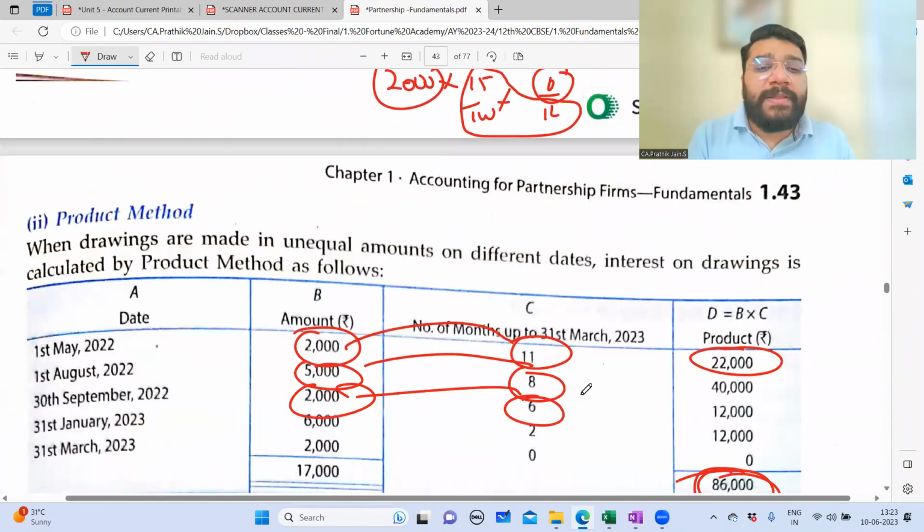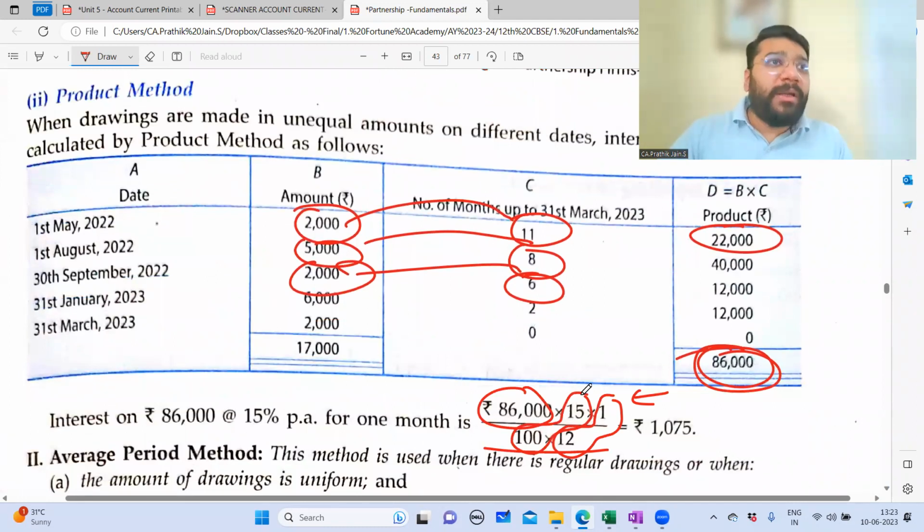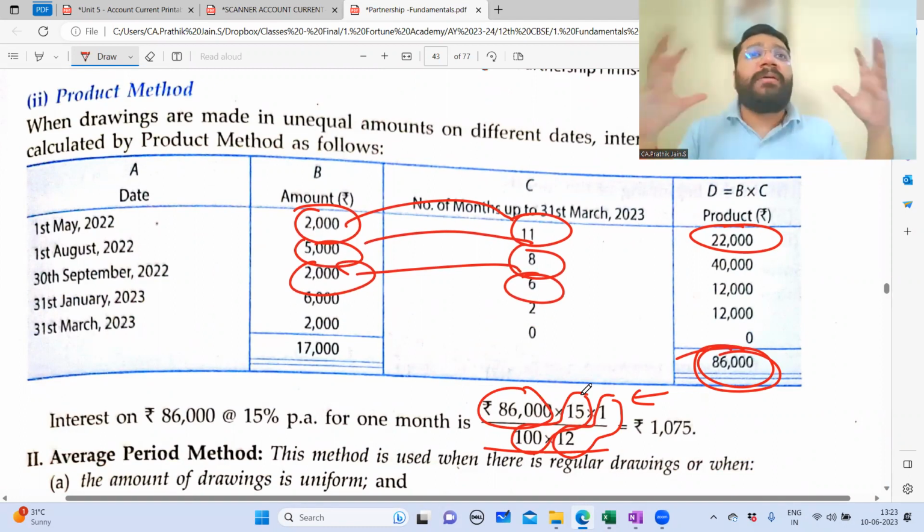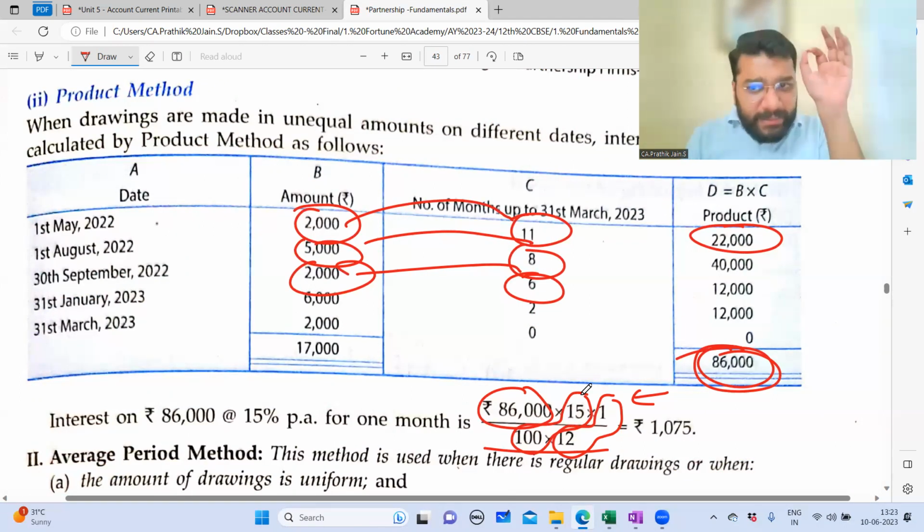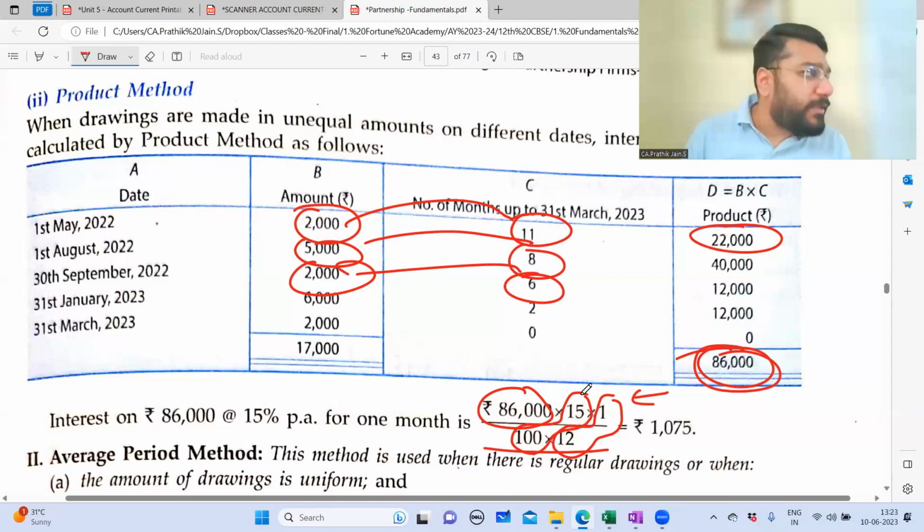So what is the difference between simple and product method? Sir, in both these methods, the ultimate answer is going to be the same. Simple method is a laborious method. For each and every transaction, I have to independently apply the formula. Every single time I have to apply the formula. So it takes a lot of time. It's a time consuming process. In product method, we are getting the same answer, but we have simplified the procedure.